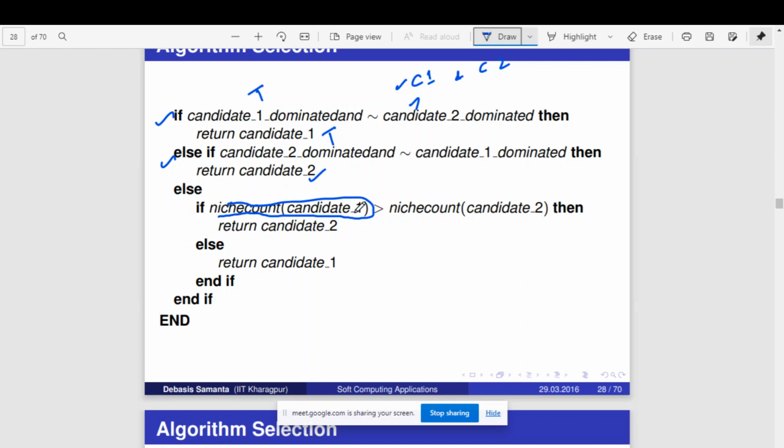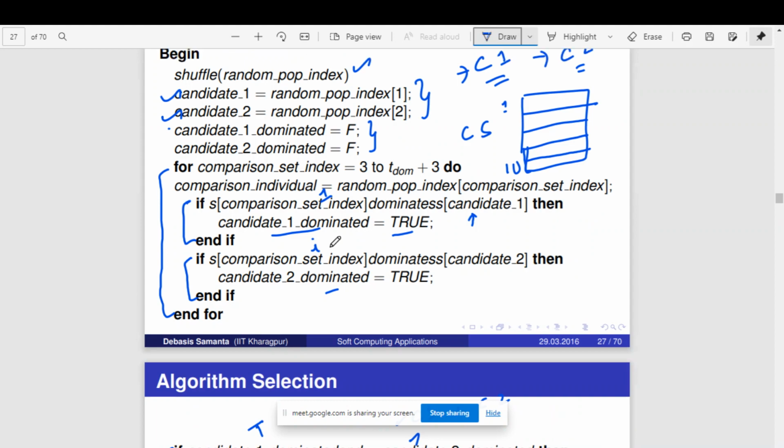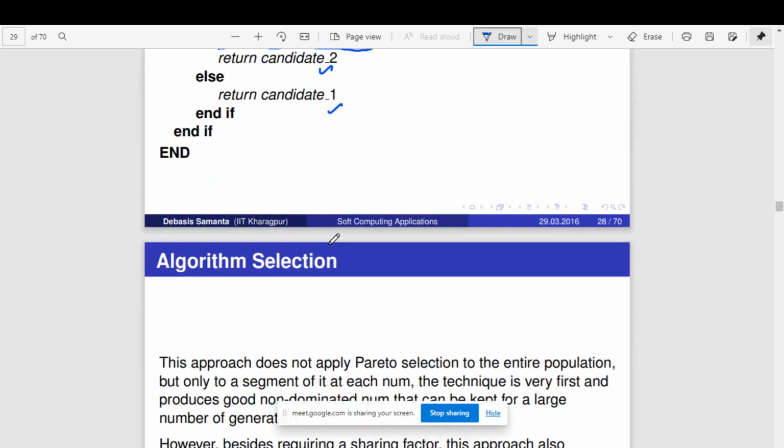If the niche count of C1 is greater than C2, then who is the winner? Okay, but we are returning the loser. So candidate 2 we are returning. Else we are returning candidate 1. So this is how the algorithm works at the top level.